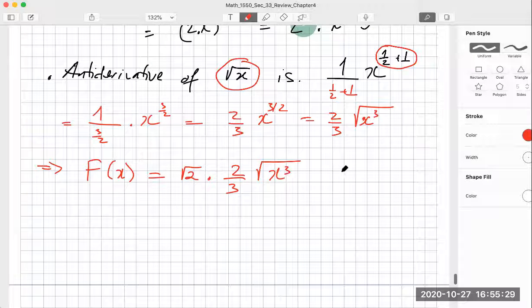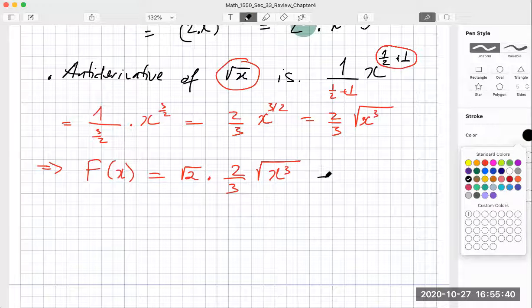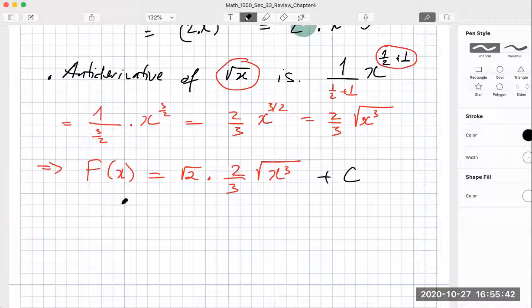This is the solution. Oh, perfect. And plus C, the most general case where C is a constant. That is one way to solve it.